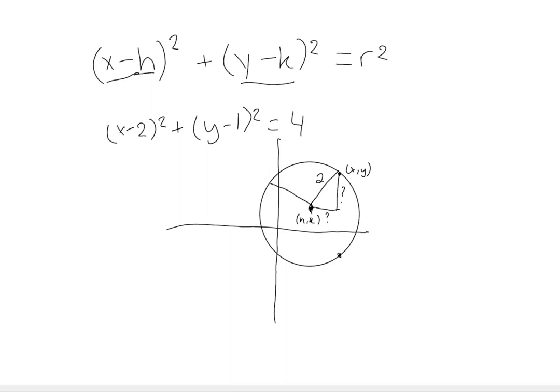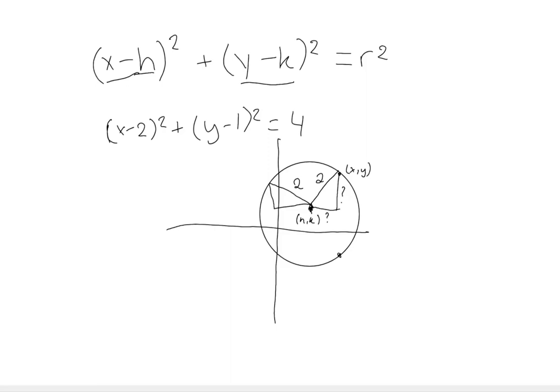Any one of these triangles is going to have a radius of 2. Because even though the x and the y values are different, when you square them and add them up, you still get 4. It's still Pythagorean's theorem because the radius is the same everywhere. So that's what this equation is doing. First, it's finding this distance here, then it's finding this distance here, and it's using Pythagorean's theorem to find the radius.